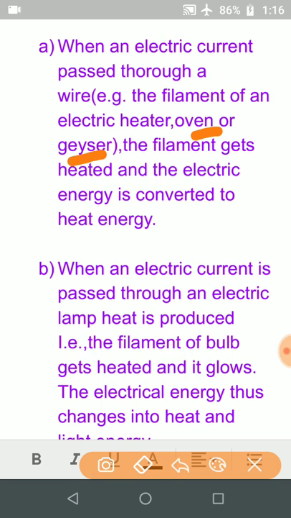That effect is called the heating effect of electric current, and the electric energy is converted to heat energy.